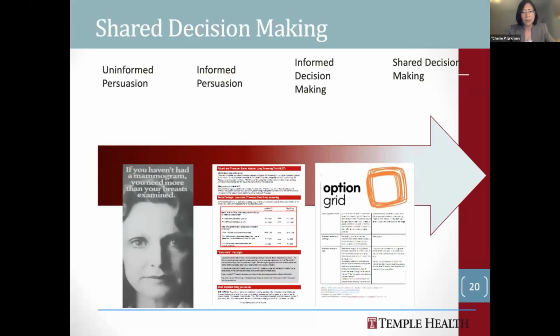And for a lot of providers, shared decision-making is a huge hurdle. This is just a graphic to show there's a continuum: uninformed persuasion, where you really just tell people they have to get screened; then informed persuasion, where you give them the data; and then informed decision-making using an actual tool, like frequently asked questions and a discussion.